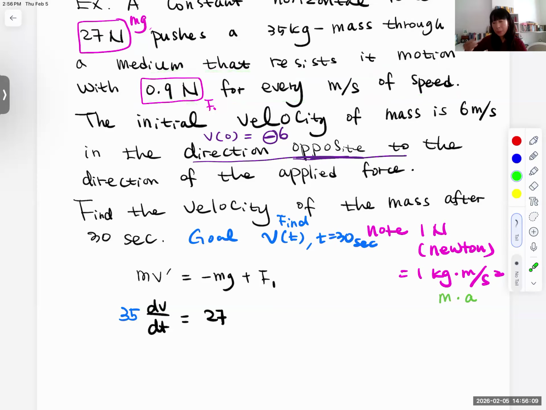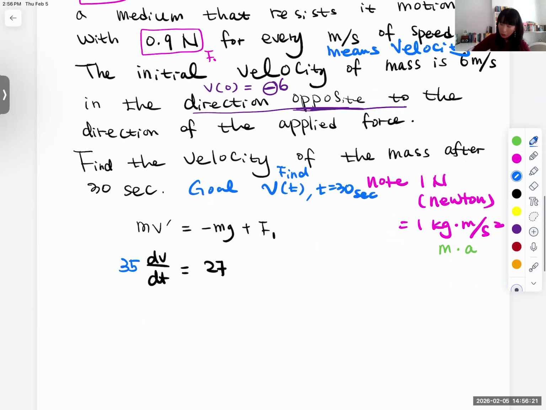Meter per second of speed means velocity, right? So since it's resistance, we express this using negative 0.9 times velocity. Make sense?